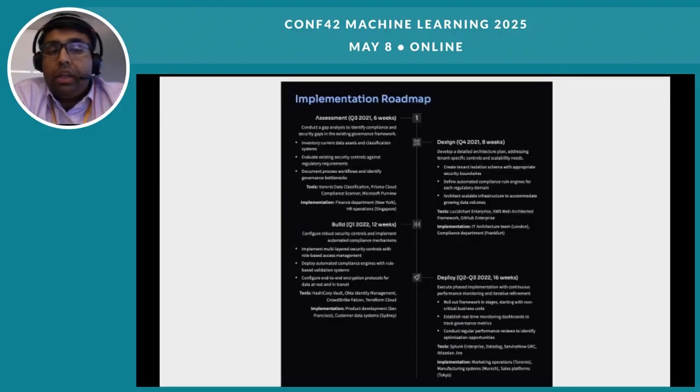And deploy: rolled out gradually across functions and regions, constantly measuring and tuning along the way. This method ensured adoption, stability, and continuous improvement.